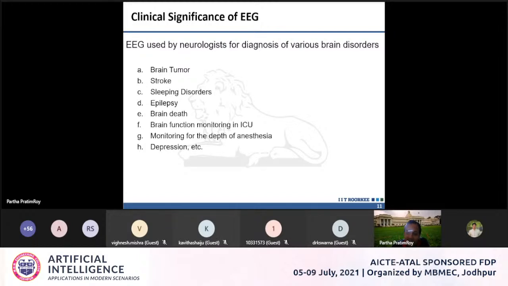If you go to AIIMS, Delhi, Rishikesh, or any big hospitals or private hospitals, you will see that everywhere people are now using EEG for analyzing these kinds of diseases: brain tumor analysis, stroke, sleeping disorder, epilepsy, brain death, brain function monitoring, monitoring the depth of anesthesia, depression, or stress analysis.